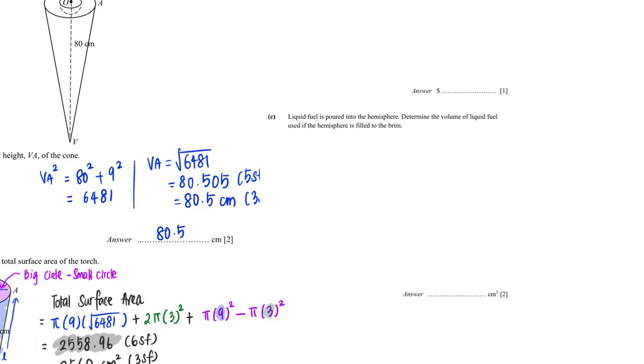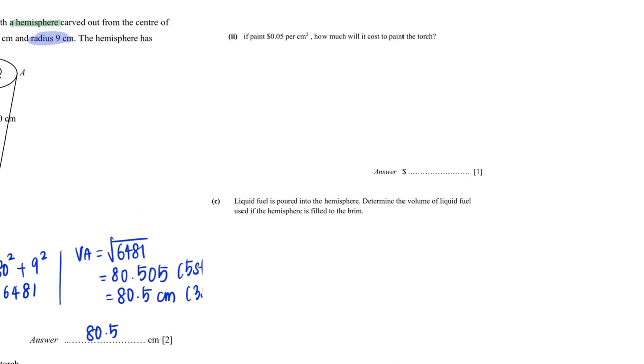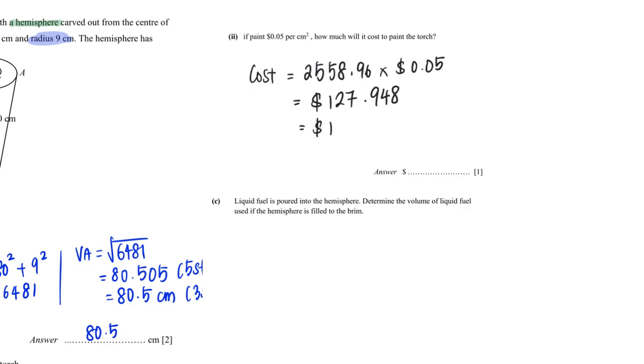This means that the cost will then simply be 2,558.96 multiplied by my 5 cents, which will then give me $127.948, final answer in 2 decimal places when the answer is in dollar sign.